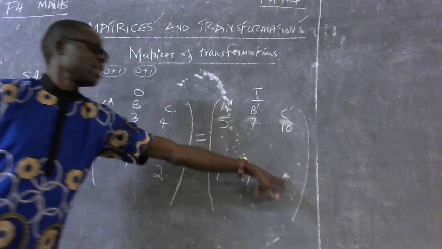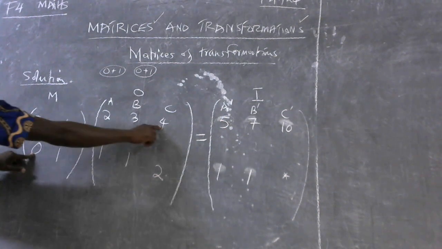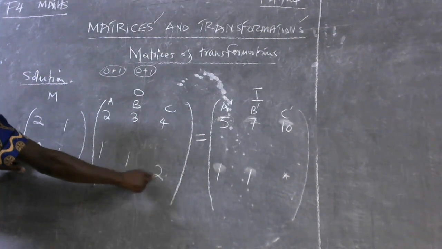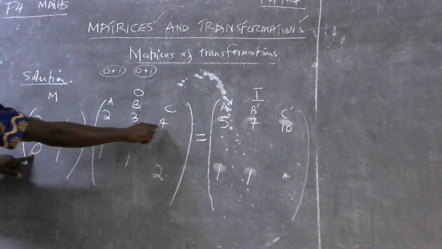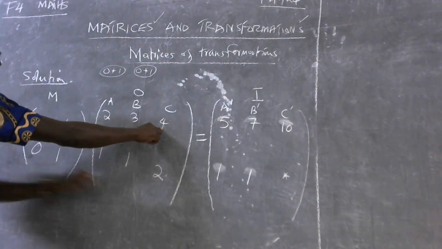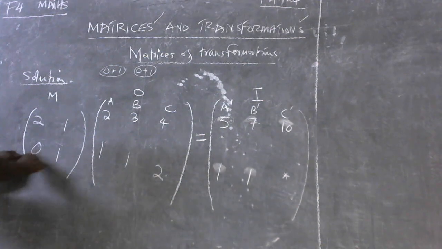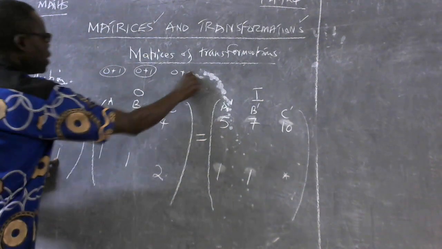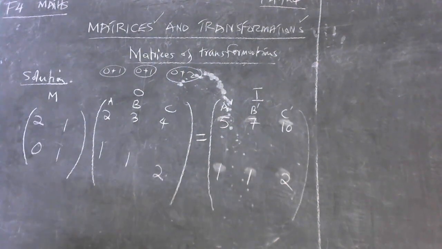Let us complete it. 0 times 4 plus 1 times 2 will give us this. So let us perform the calculation. 0 times 4 is 0, then 1 times 2, total 2. Good. So far, from there we shall have our coordinates.